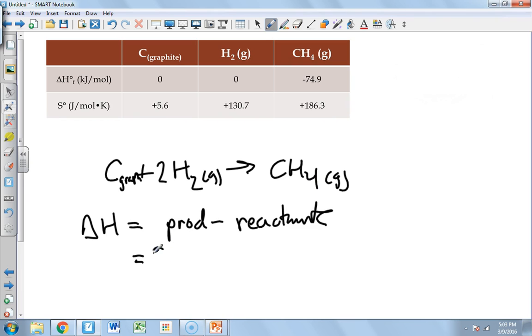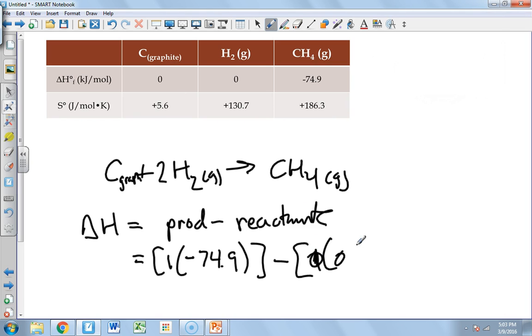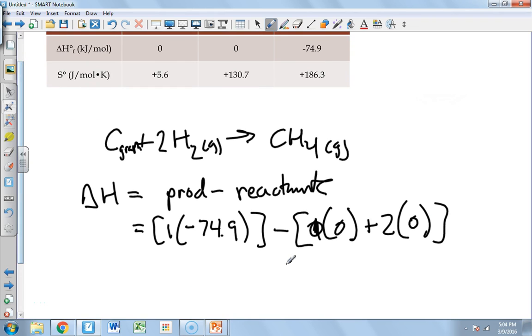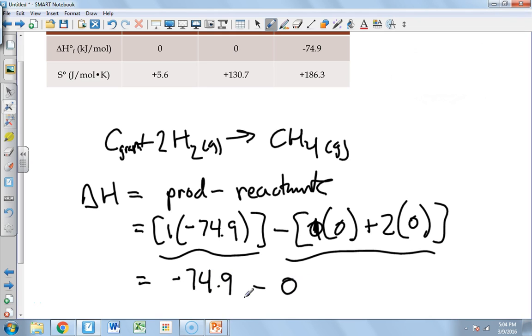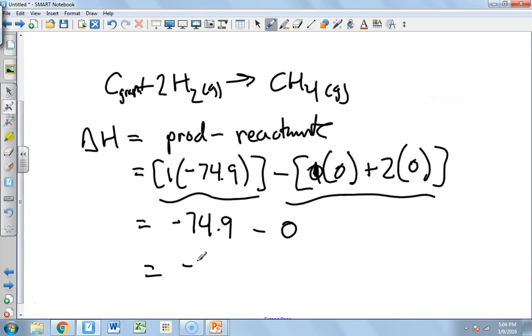So the products: 1 times negative 74.9, minus reactants: 1 times 0 plus 2 times 0. So delta H is negative 74.9 minus 0. Now the delta H equals negative 74.9 kilojoules.